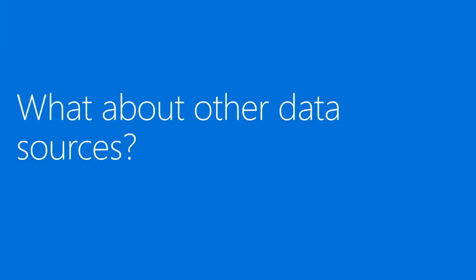So other data sources. What other data sources might you want to pull data from in this kind of solution? An external REST API? Yeah, absolutely. Any other ones that we have in Office 365.